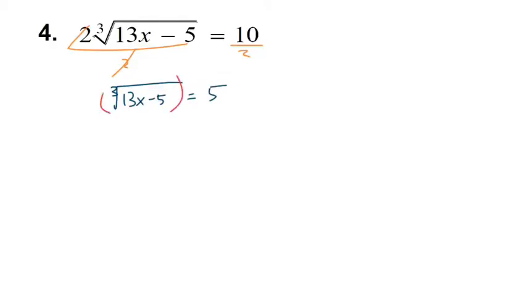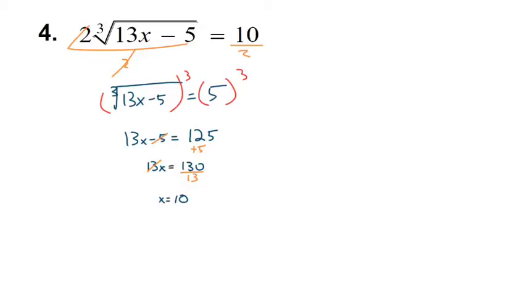Raise it to the third power to cancel that out, and you get 13x minus 5 equals 125. Add the 5. So that's 13x equals 130. Divide by 13. So x equals 10.